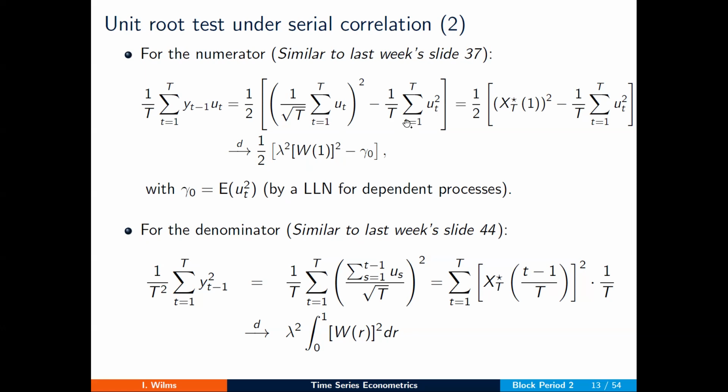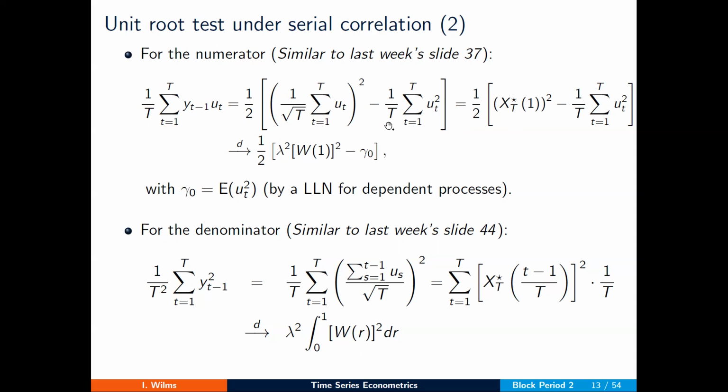Once we have this expression, this term needs scaling by root T in order for us to recognize a scaled partial sum process with r equal to 1, since we sum over all time points. And we know that the square of the scaled partial sum process converges to the scaled standard Brownian motion, which is also squared.